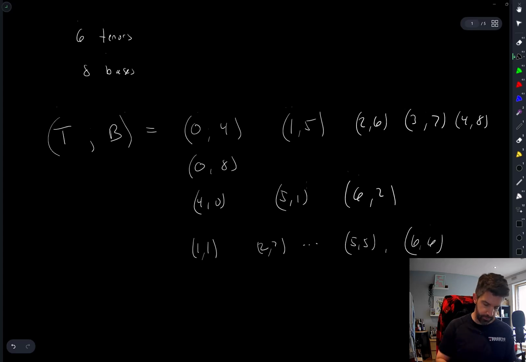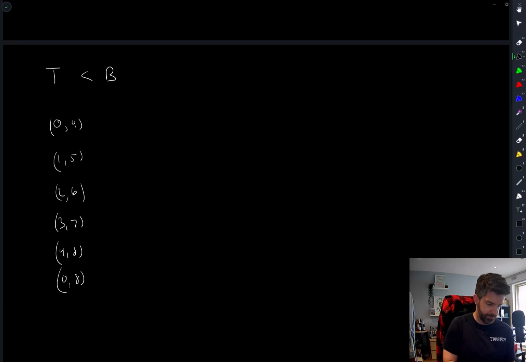Okay, let's do it like this, assuming the tenors are fewer than the basses: 0, 4, 1, 5, 2, 6, 3, 7, 4, 8, and 0, 8. So the total number of ways of choosing 0 tenors and 4 basses is 1 times 8 choose 4.